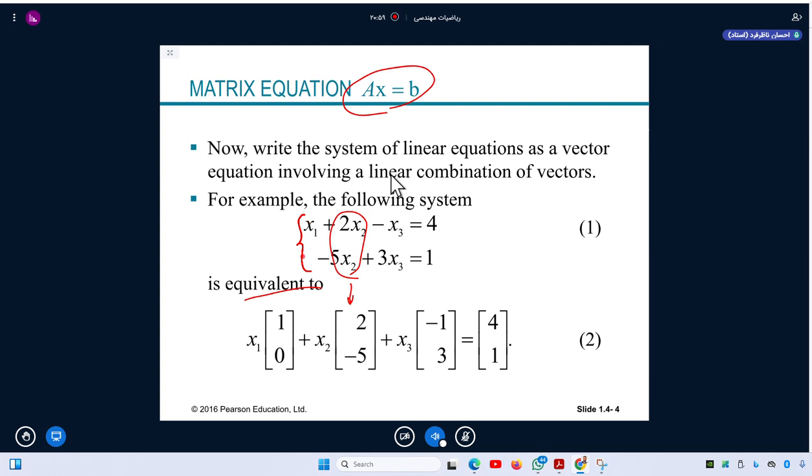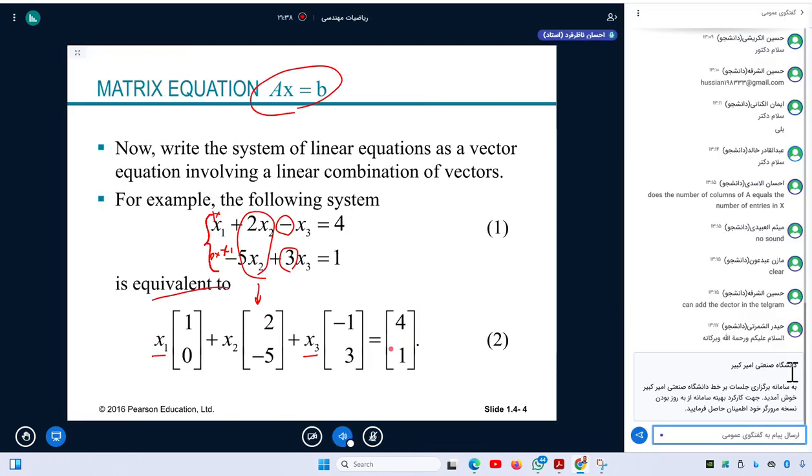And this is x1, and the second equation is 0 times x1. And the first one is 1 times x1. So we factorize x1, and then we will be left with 1 and 0, and x1. And for the last one, x3, if we factor out, it would be like 1 minus 1 and 3, and in the right side, 4, 1.